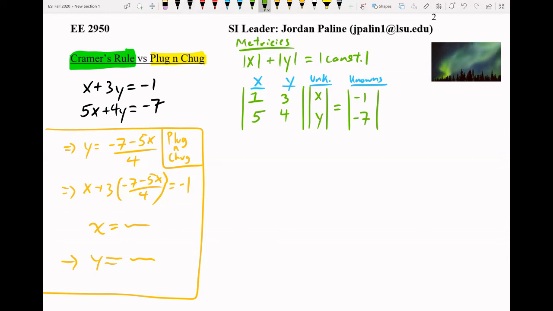Well, we can take a thing called a determinant. And what a determinant is, if we took A, B, C, and D, a 2 by 2, we can say A times D minus B times C. So AD minus BC.